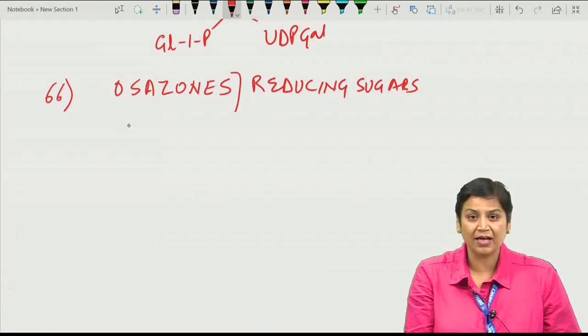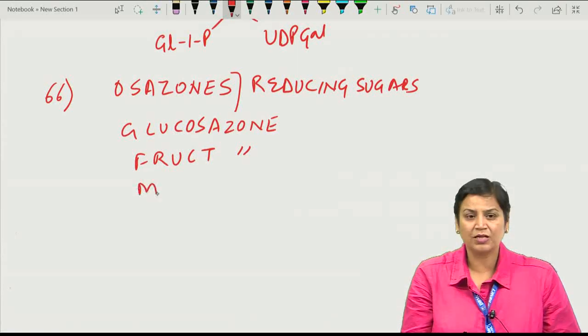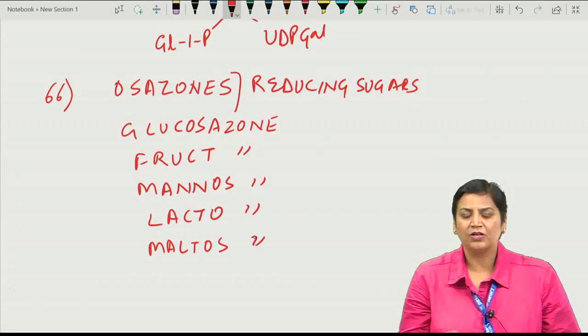Like glucosazone is there, similarly fructosazone, similarly mannosazone, similarly lactosazone and maltosazone. Because lactose, maltose, even though they are disaccharides, they are still reducing sugars.